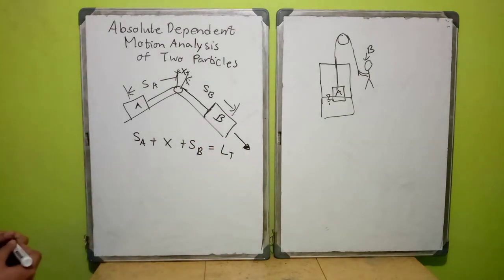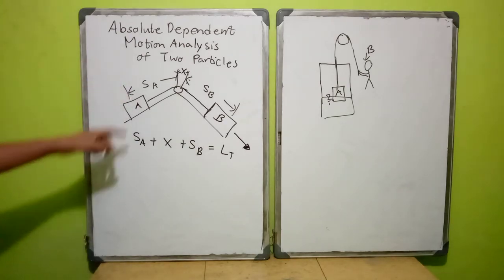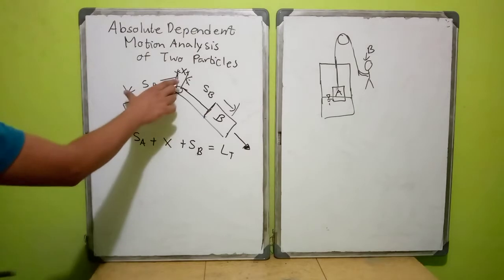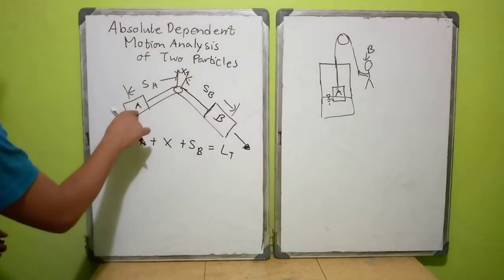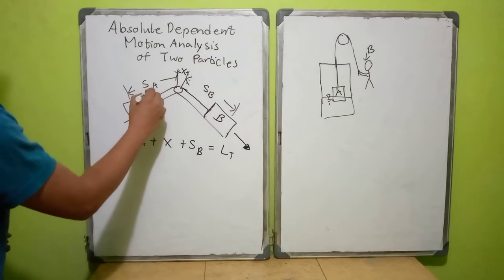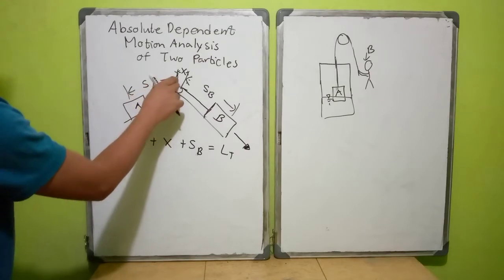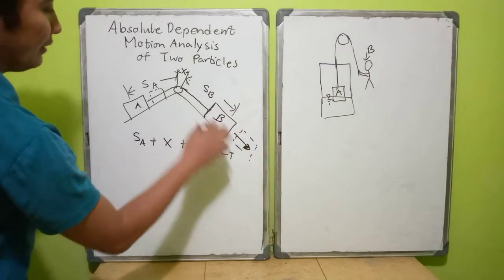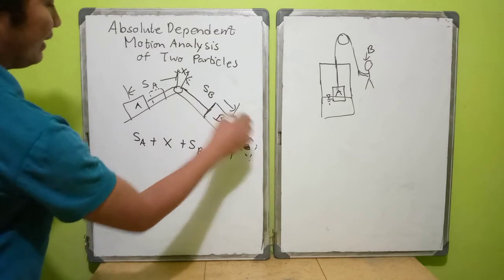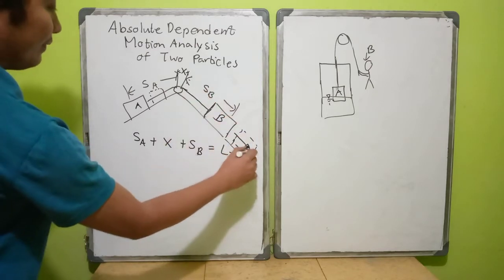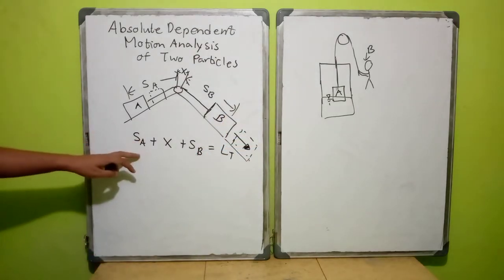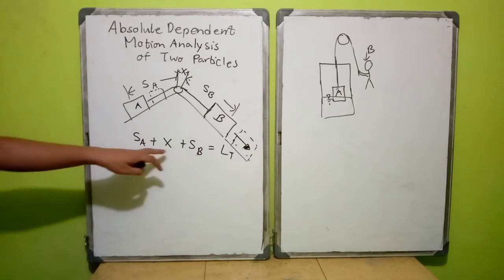In this situation, there are two variables here, the SA and the SB. Because if your particle A will already be here, normally your SA will shorten, and if it goes down, your SB will increase. The variables we can see here are only SA and SB.